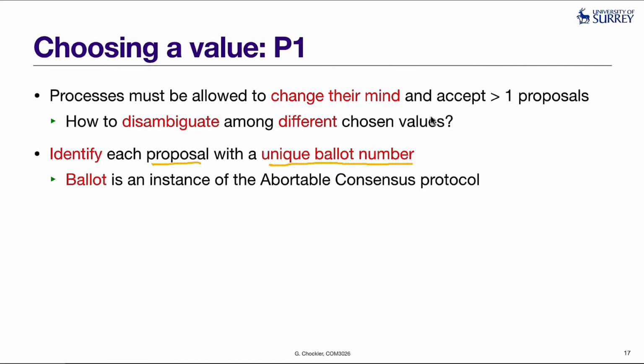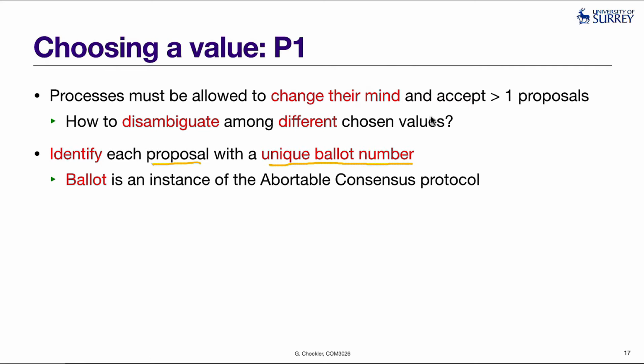It is a separate question how these ballot numbers can be guaranteed to be unique, but that is possible to solve. In particular, one way is to identify each ballot through a pair, which is the process name, some sort of process ID, and some sort of a counter.